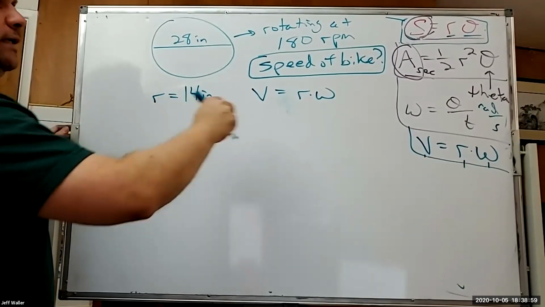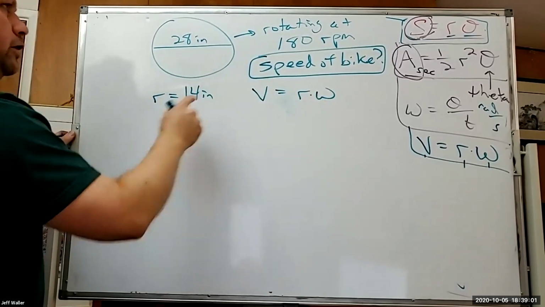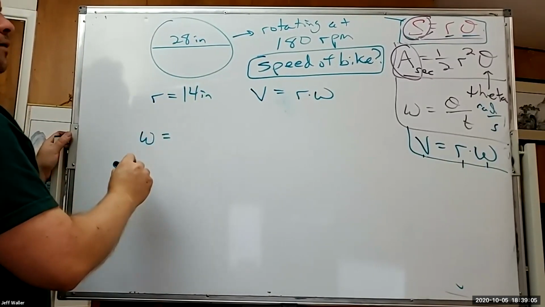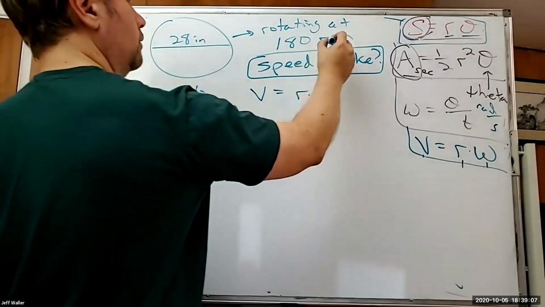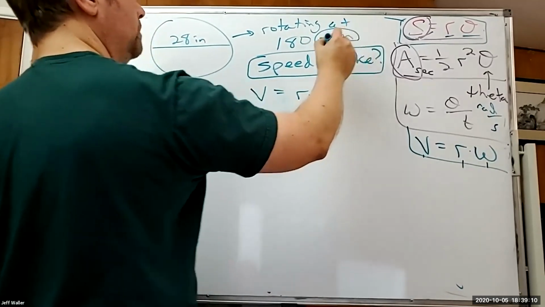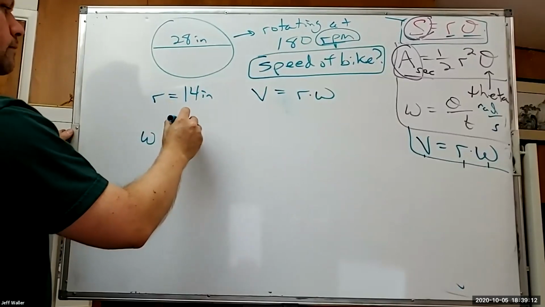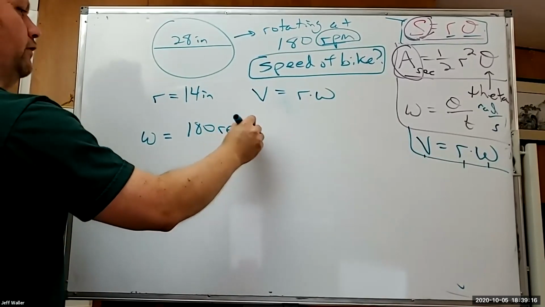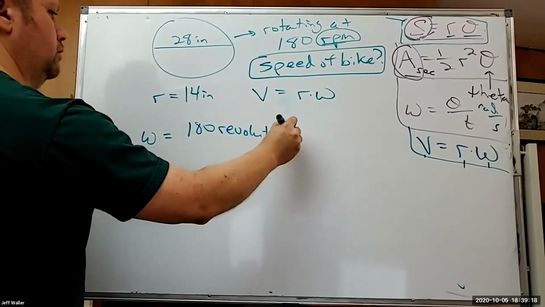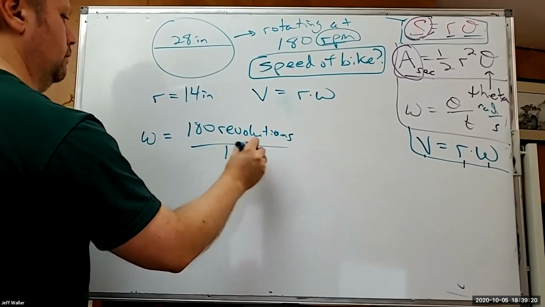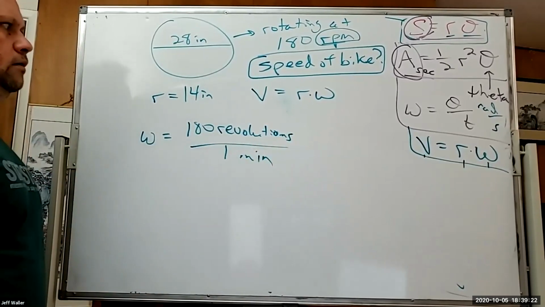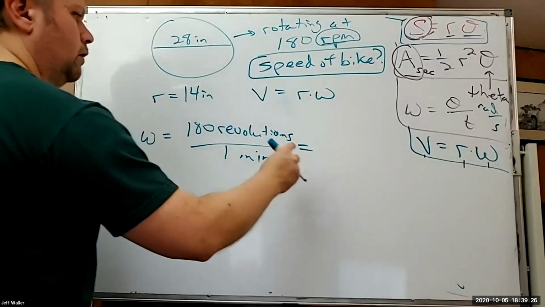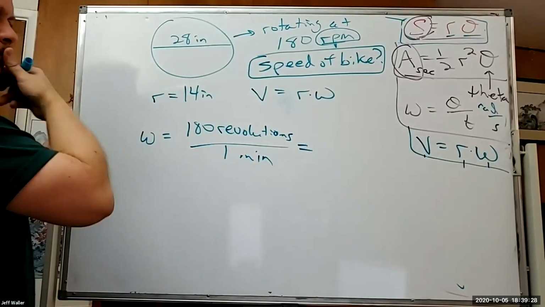And what else do I need? I need omega. What do I know about omega at the moment? Omega equals 180 RPM. What's RPM? Rotations per minute. Rotations is actually revolutions, but it's the same thing. Revolutions per minute. So I need to convert this into radians per minute.